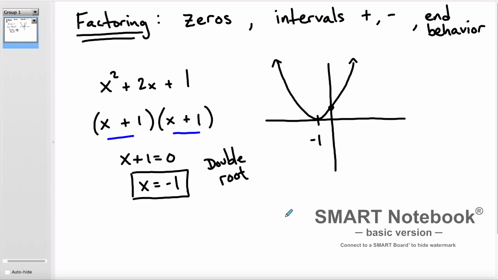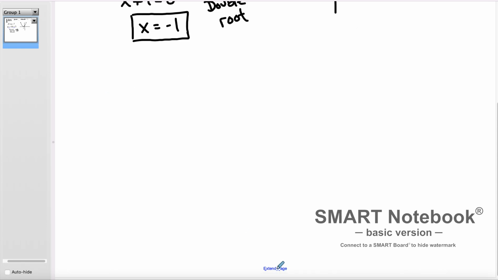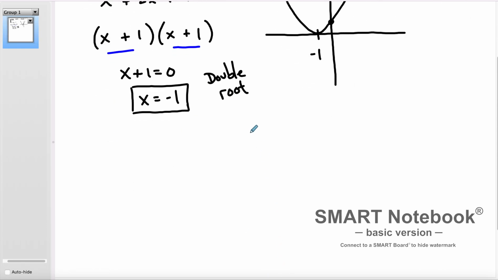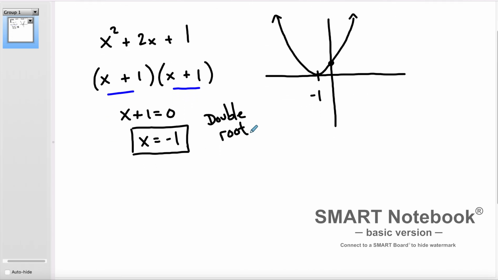Next, we would analyze the intervals of this graph. So the visual intervals of this graph. And to do that, we put a number line down and we place all of our zeros onto this number line. In this case, our 0 is just at x equals -1.